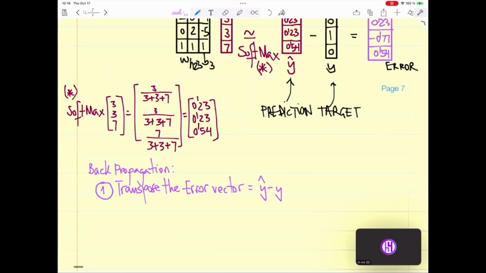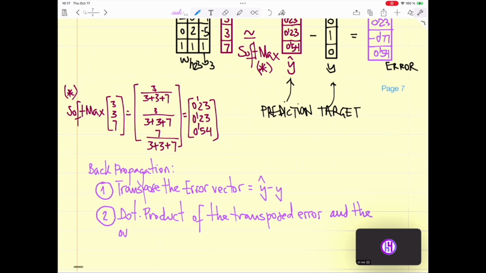So the second step, and this is something that a lot of people make mistakes in the exam. We perform a dot product, even if it's easier than the other thing, of the transposed error and the output of the previous layer.